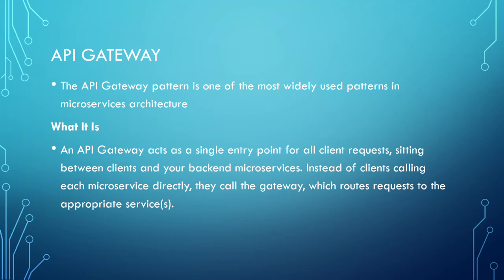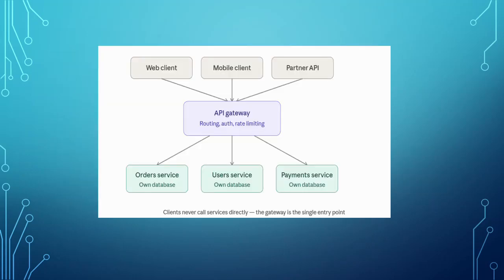It won't allow a client to call the microservices directly. The API gateway reroutes the request. So this is the example. A web client, mobile client, and partner API are the ones triggering the request.